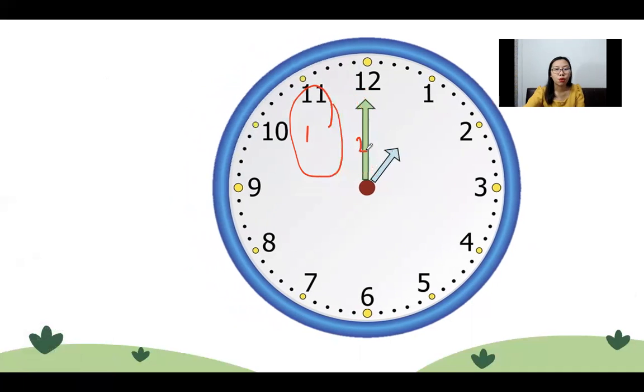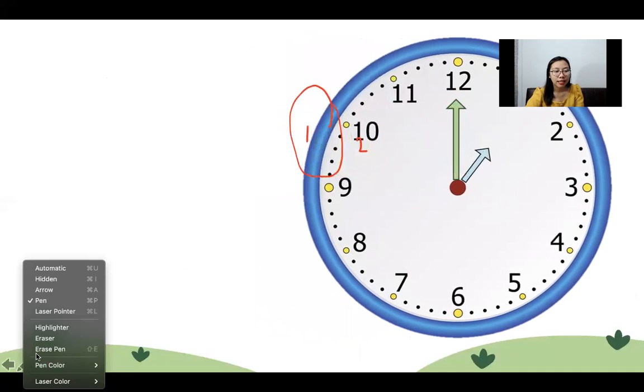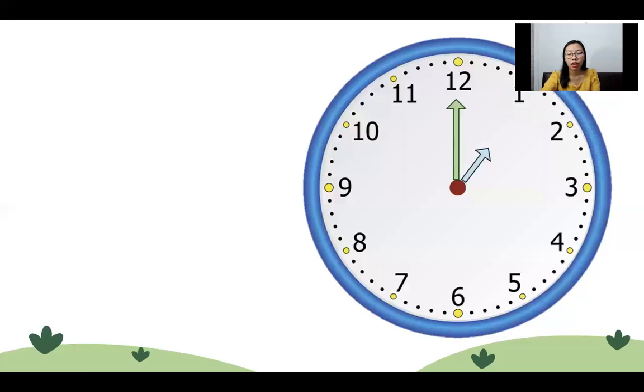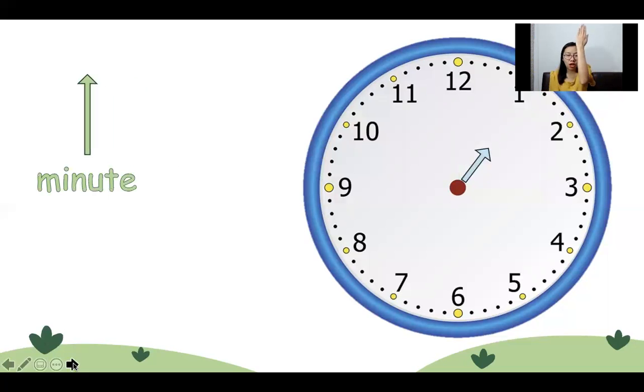All right, so the long hand is for telling minutes. Okay, minute. The long hand is for telling minutes. What are minutes? For example, before, we say 10 minutes left. The long hand says the minute.